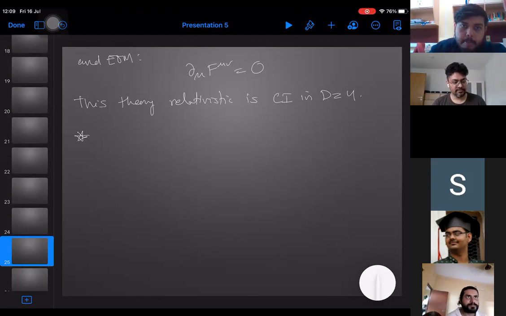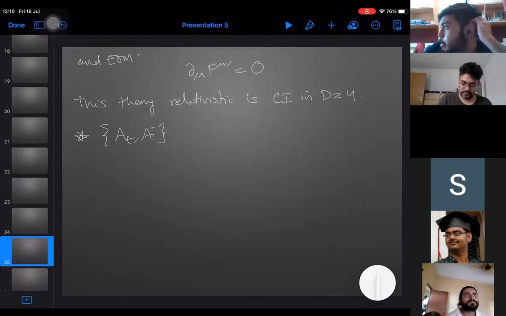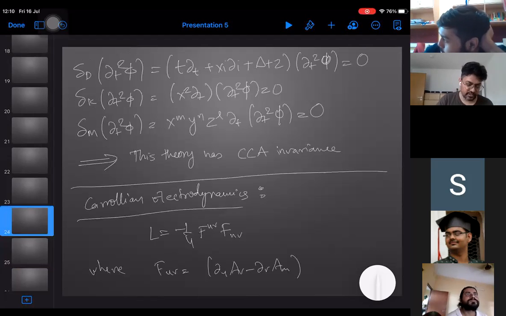Doing the same thing as before, but here the representation in which you try to find the action is more involved, because now you have two fields, A_t and A_i. Before that, sorry, there is a limit.